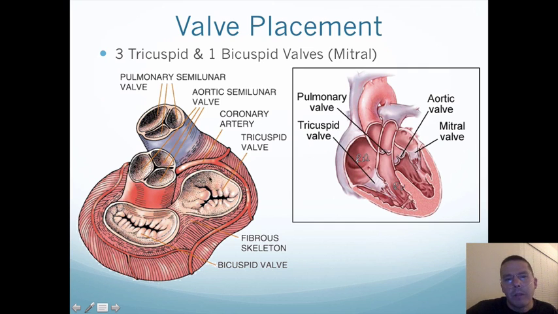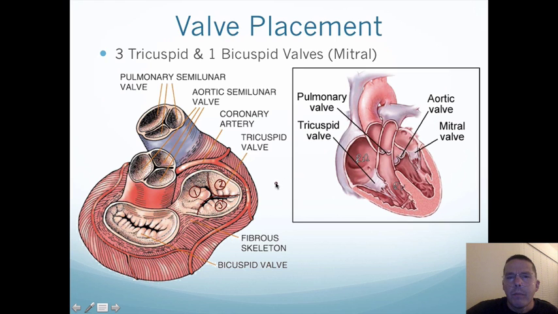A cusp is a small section of the valve that comes together to allow the valve to separate to aid in blood flow passing. So you can see that there's 3 cusps, 1 here, 2 here, and 3 here in the tricuspid valve.